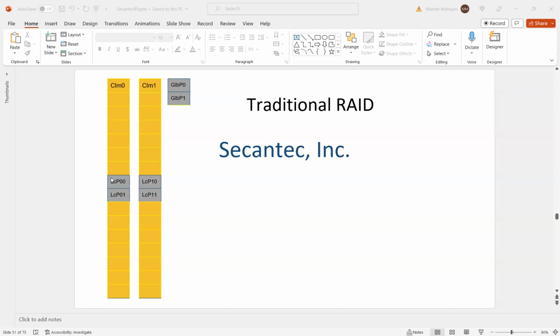This can be done either by reading that particular area in all the drives in column 1 and then calculating the global parity and writing it back, or if there is just an update to one of the columns, then more incremental parity can be written to global parity 0 and global parity 1.